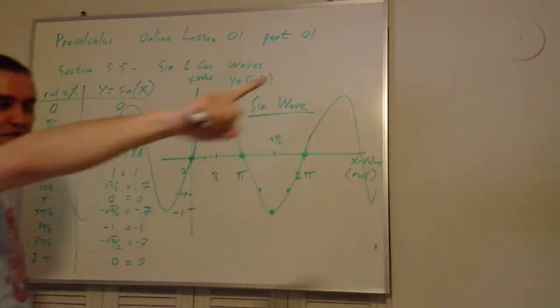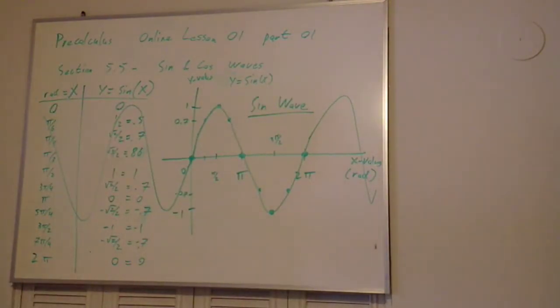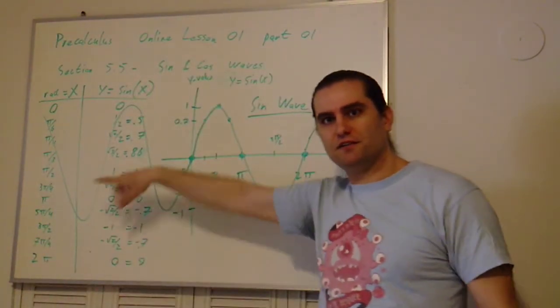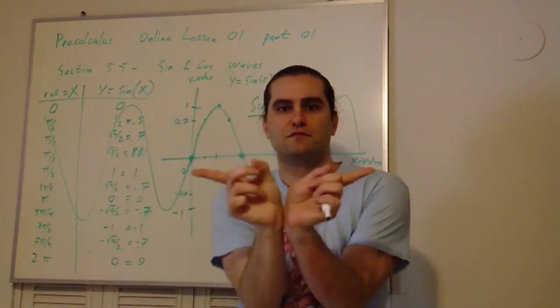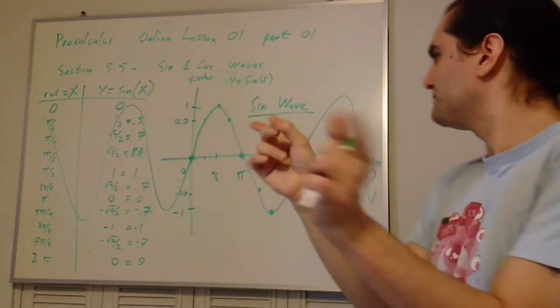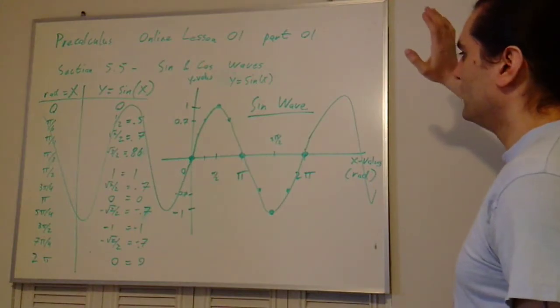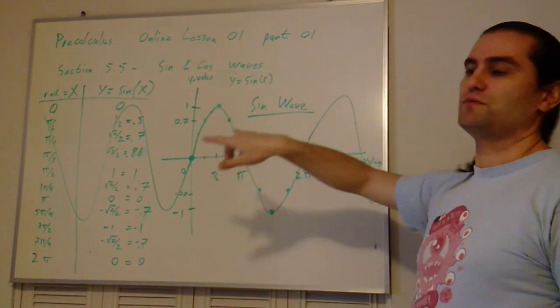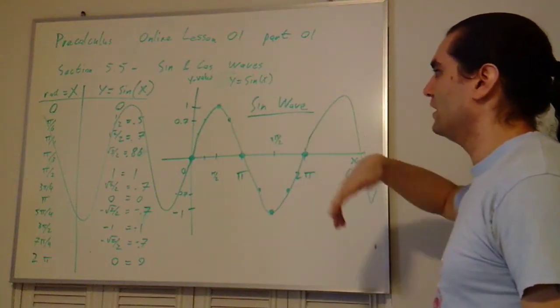Forever in both directions, this function does the wave. I'm making gestures, not on camera. It does the wave forever in both directions. There we go. Still getting used to the camera. So that's what is meant by a sine wave. That's what's meant by a periodic function.